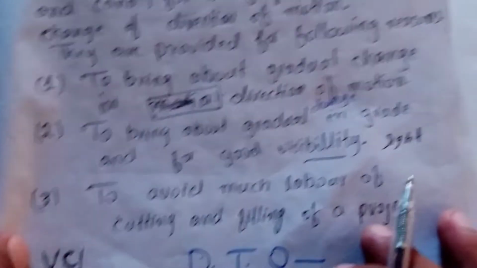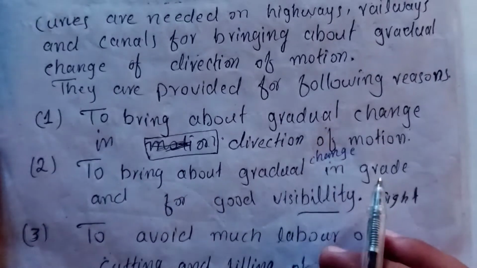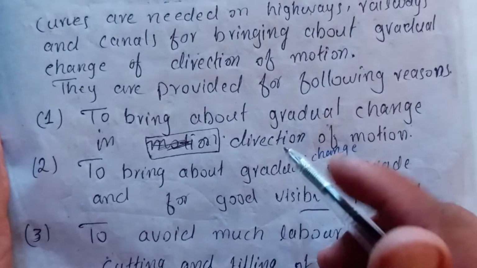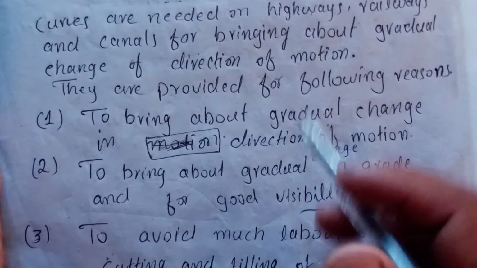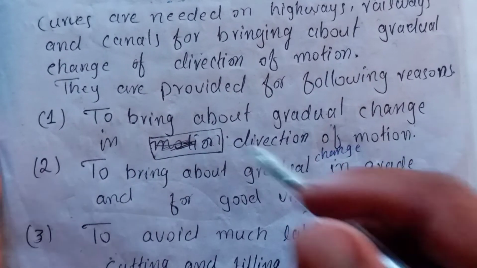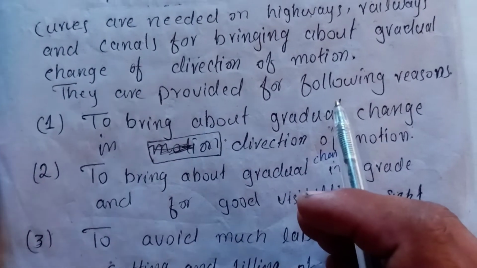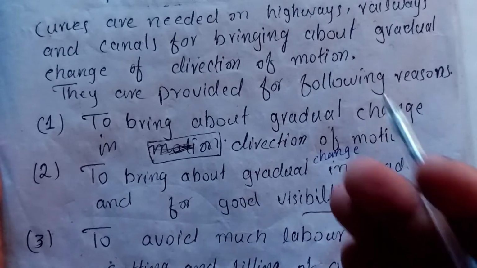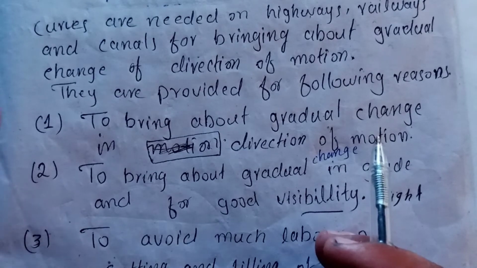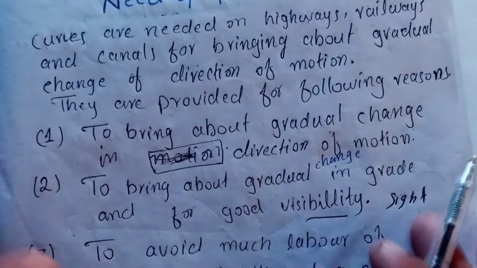It means that if a project has much cutting or filling, then much labor will be required. So for this purpose, we ignore this area, pass the road by a curve, and leave this area to get ease in construction.